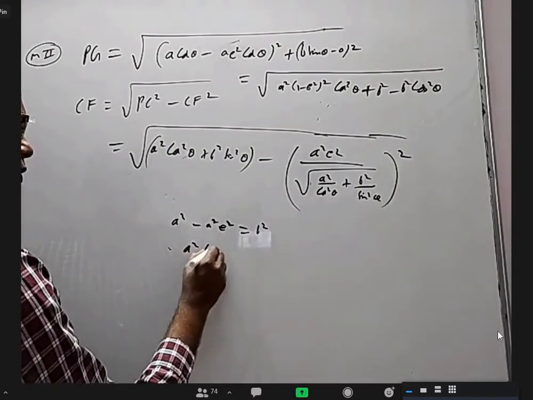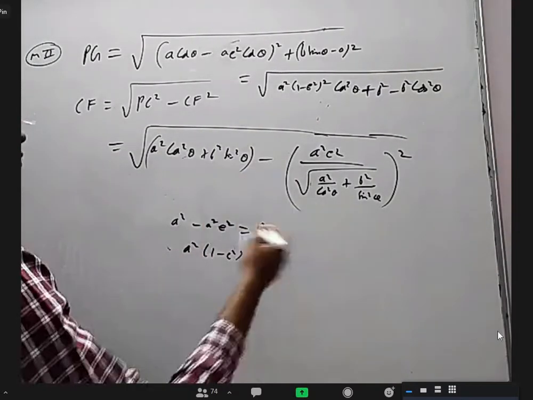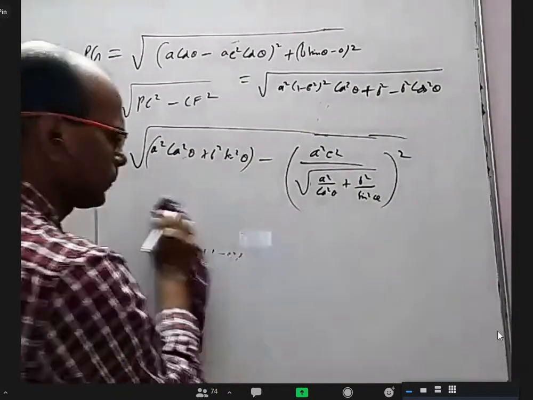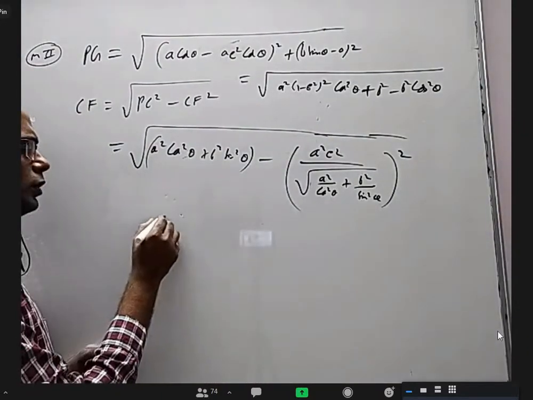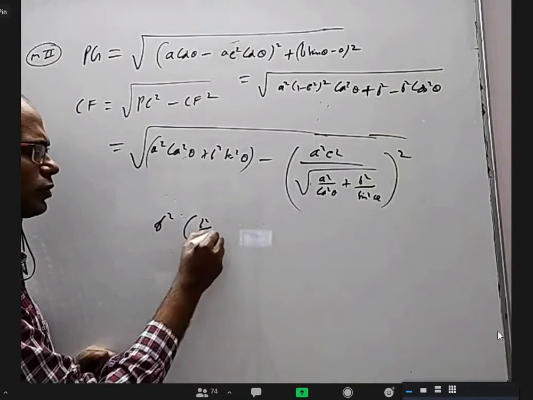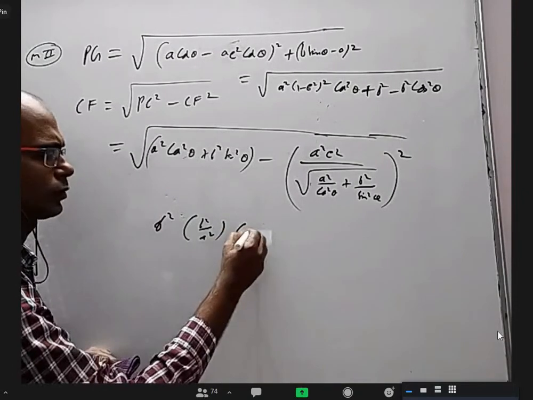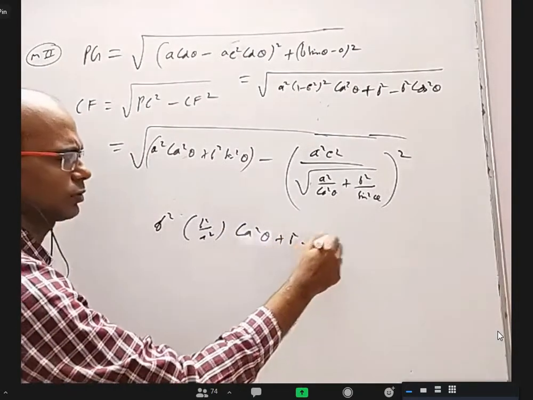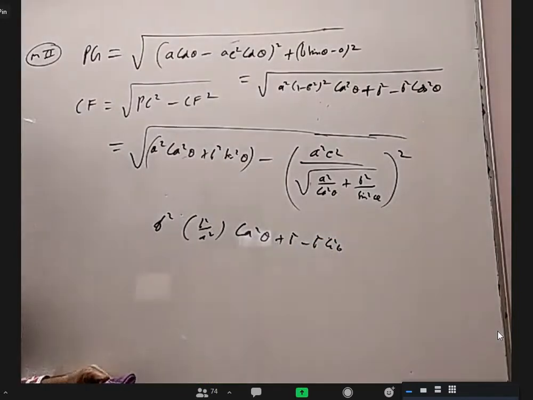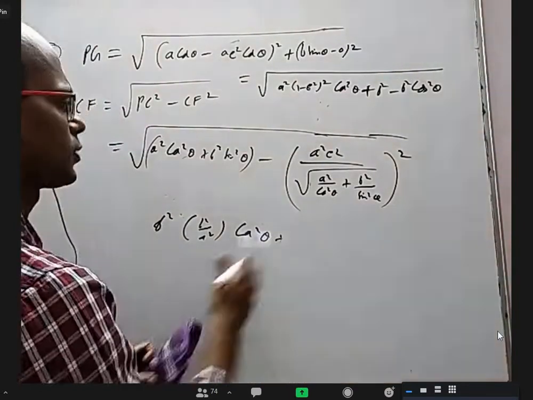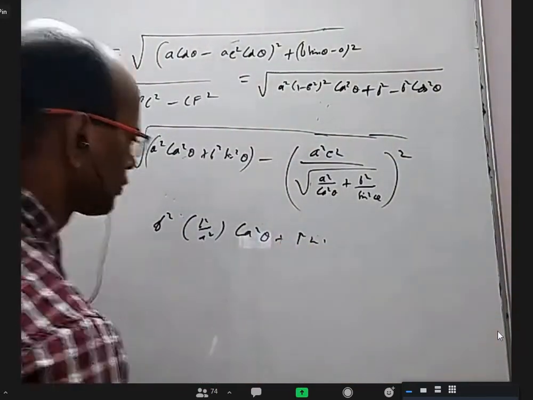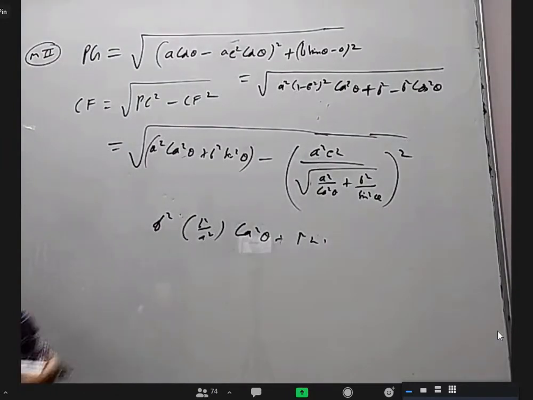That is A square into 1 minus E square, and 1 minus E square will be left. Okay. So I can write this as B square into B square by A square into cos square theta plus B square minus B square cos square theta. Or let it be B square sin square theta. I can take B square common. That is better.